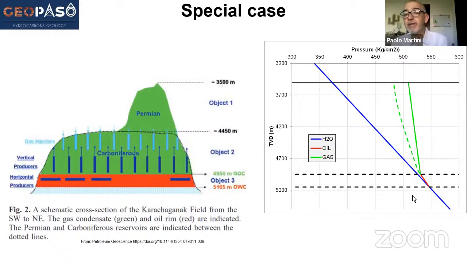So basically, the resulting line that you would find with a pressure testing tool would not be a straight line, but would be a curve rather. But this is something that happens with the right conditions, especially in very thick accumulations like this one.